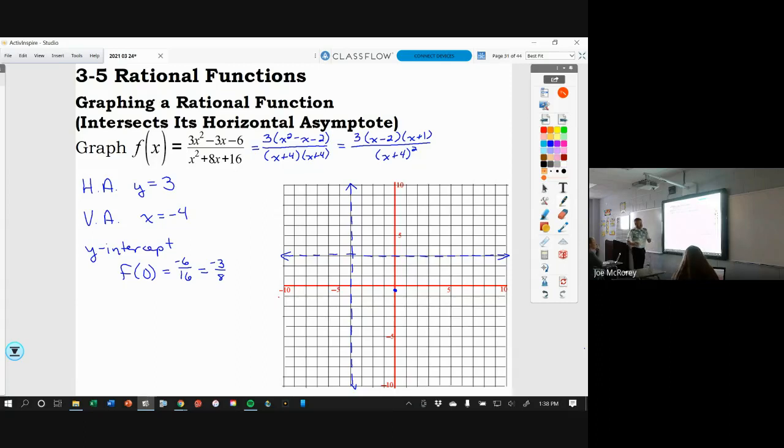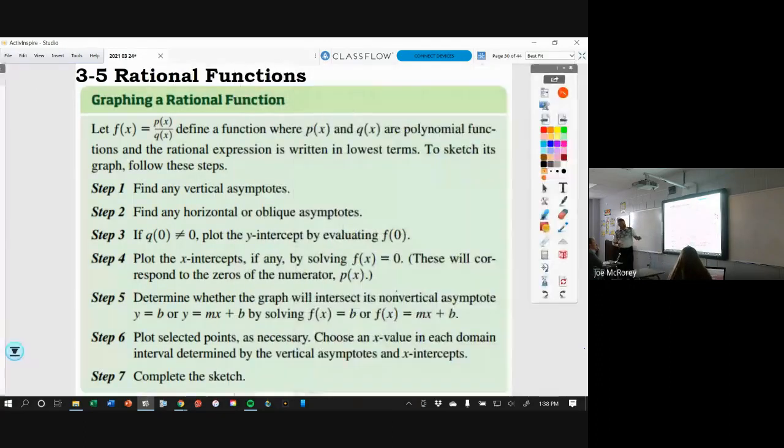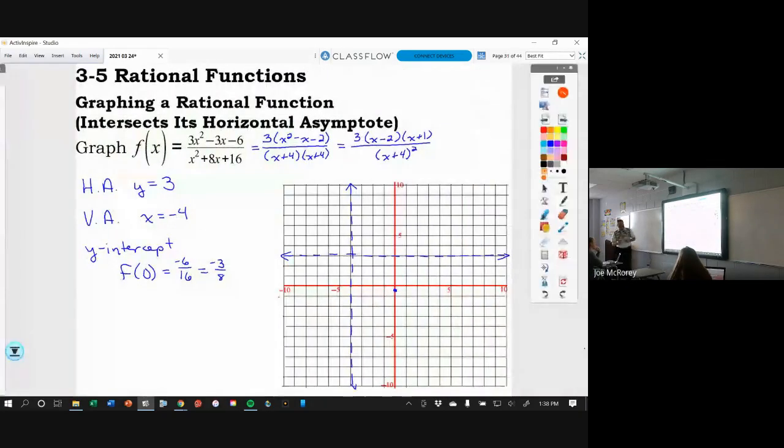X-intercepts. So next, let's go back. Find the y-intercept if there are any. Done. Step 4, x-intercepts. How do you find x-intercepts? You set the top equal to 0. So x-intercepts, I want the top. Now, I'm not going to use the original top. I'm going to use the factored top. So I have 3 times x minus 2 times x plus 1 equals 0.